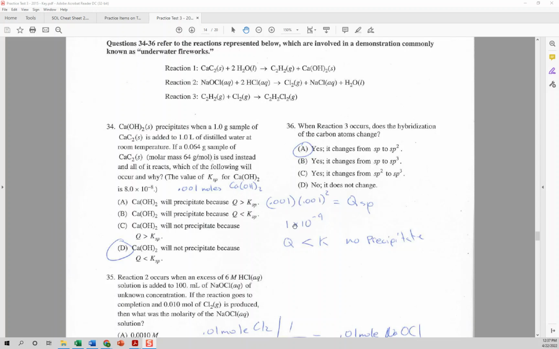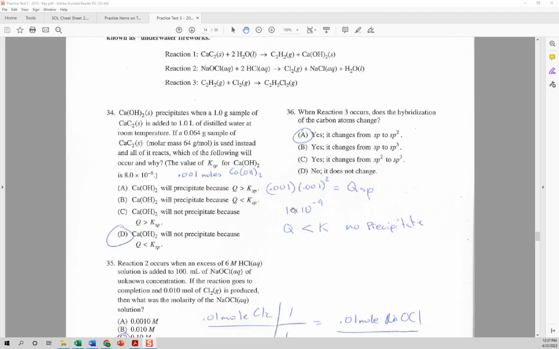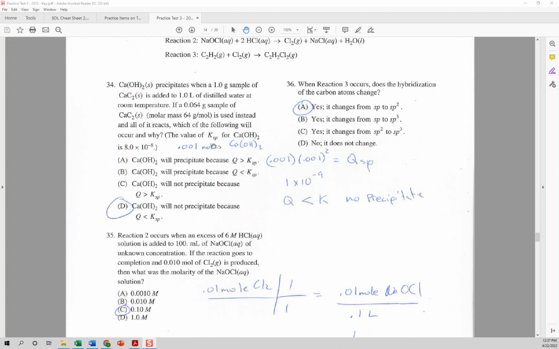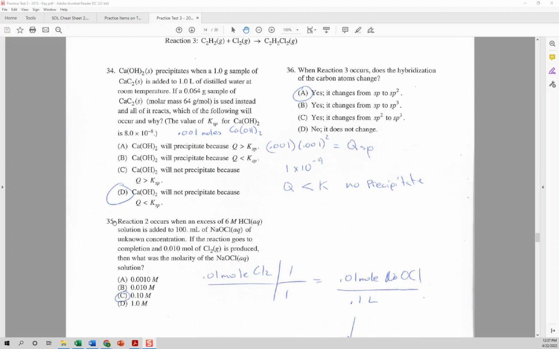So QSP is not 1 times 10 to the negative 9. This should be 0.002 squared, so it comes out to be 4 times 10 to the negative 9, which is still less than the KSP, 10 to the negative 9 versus 10 to the negative 8. So the answer is still right. If this was free response, I wouldn't get the point. There's a common mistake people make, and I just made it. All right.